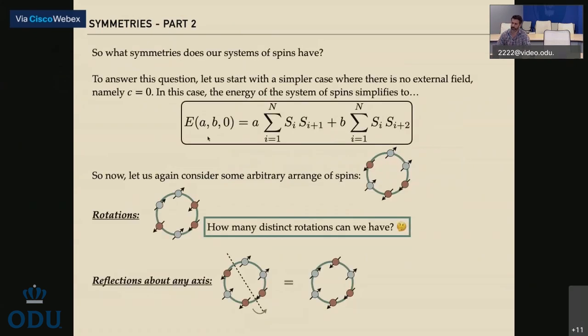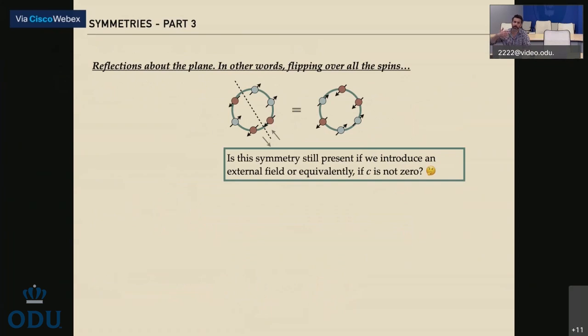I can do rotations where I just rotate about this axis, which means that I flip these two, or I can just flip all the spins to be equal to the opposite of the spin. So I grab all the up spins and make them all down spins, and all the down spins and make them up spins.